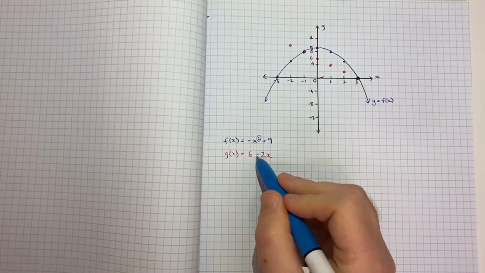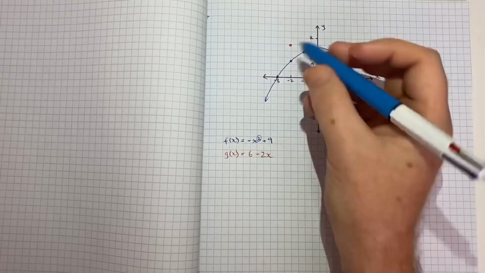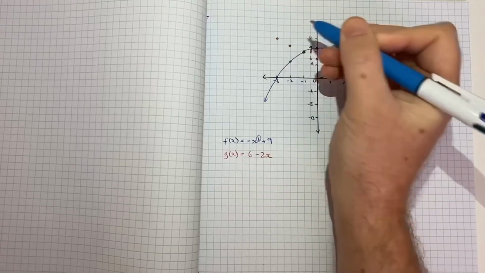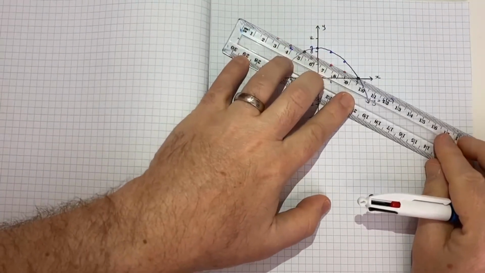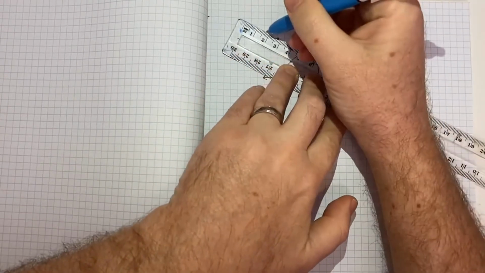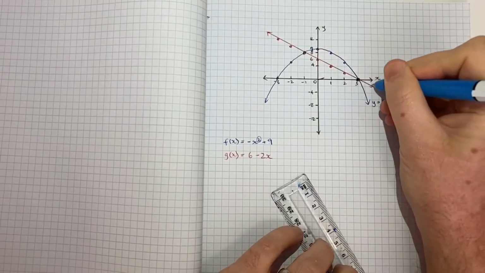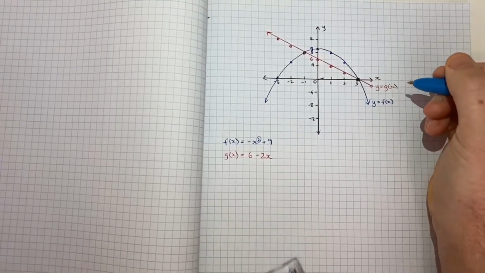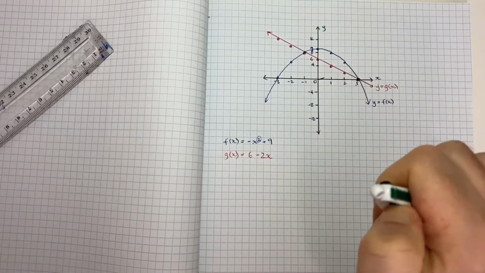And then 6 minus 2 times negative 3 becomes 6 plus 6, or 12. And again, that's probably enough points there to connect the dots. And we see that this chart is a straight line. And I'll call that y is equal to g(x). So that's part 1 of the question.